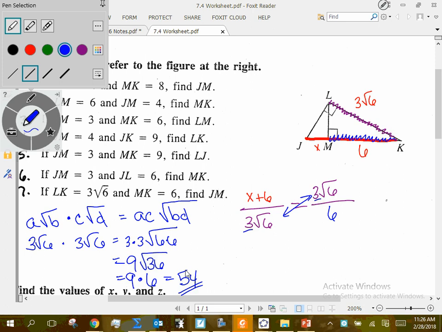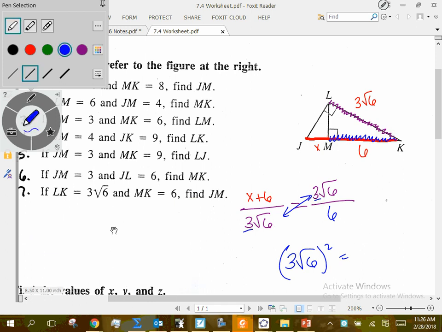Now, some of you might not like doing it that way. That's fine. Do you know that 3 radical 6 times 3 radical 6 is this? Okay. And when we have AB, now I'm going to write it this way. I'll just give you another generic rule here. Law of exponents says if I have A raised to the M, B raised to the N, and then I raise all that to the R, you take A to the MR, B to the NR, and that basically just tells you to multiply the exponents. Well, right now these exponents are 1s.